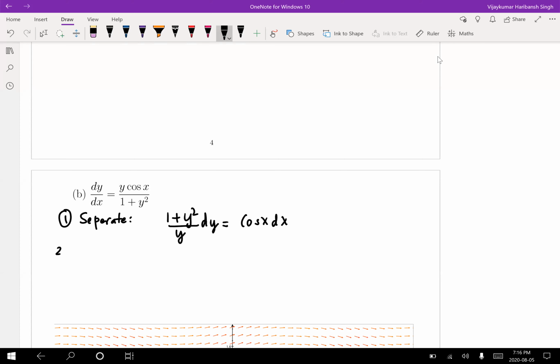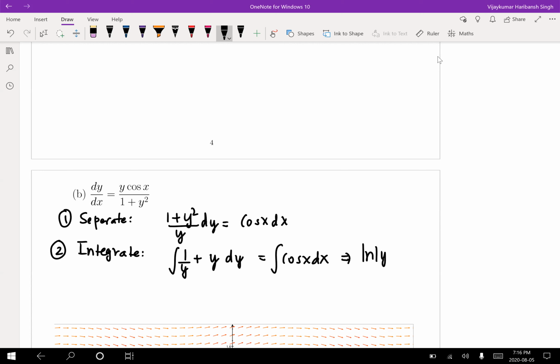Now integrate. Step 2, integrate. We have the integral of (1 by y plus y) dy equals the integration of cos x dx. This gives me ln of the absolute value of y plus y squared by 2 equals sine x.